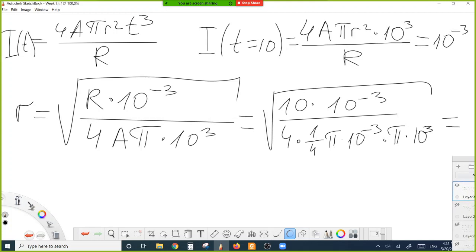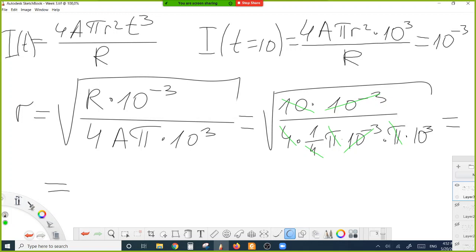Okay, now 10 to the minus 3 simplifies with 10 to the minus 3, 4 simplifies with 4, and pi multiplied by pi is approximately 10. That's why pi squared simplifies with 10.